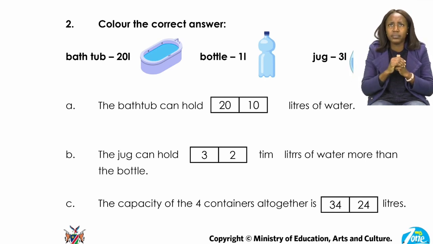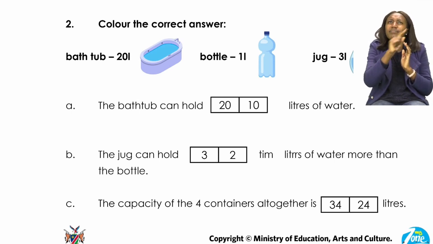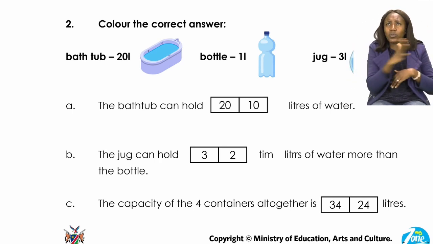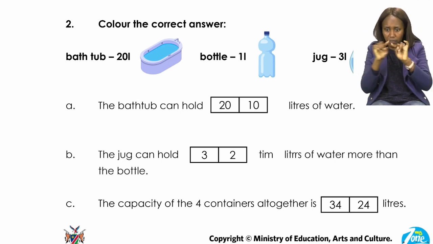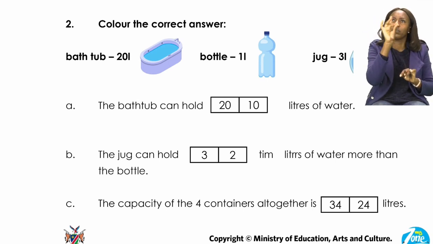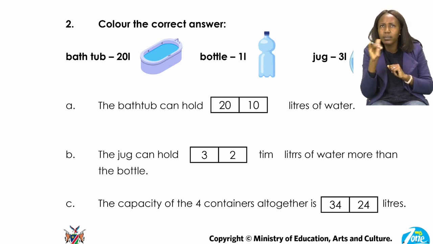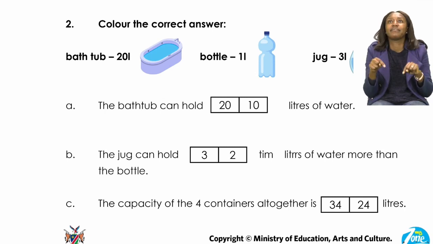So you need to read all the sentences. And then after reading all the sentences, please, boys and girls, make sure that you color the correct answer. So take your time and look at the pictures carefully and how many liters they are holding. I will see you when you're done after the advert break.